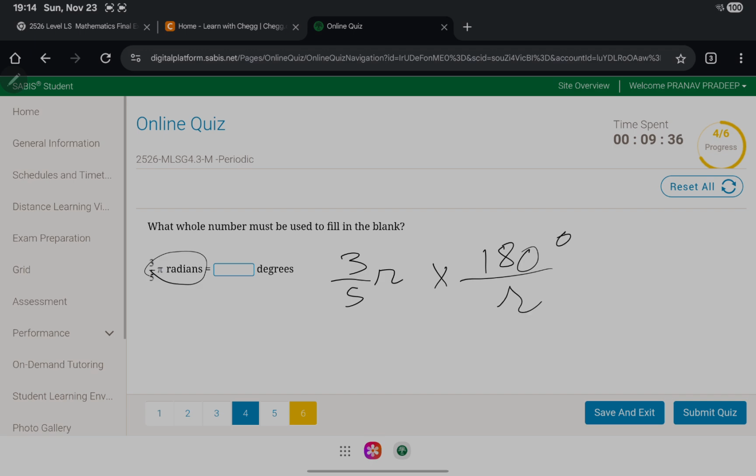So 3 times 180 is 540 over 5 times pi over pi. So 540 divided by 5, and you get 108 degrees.